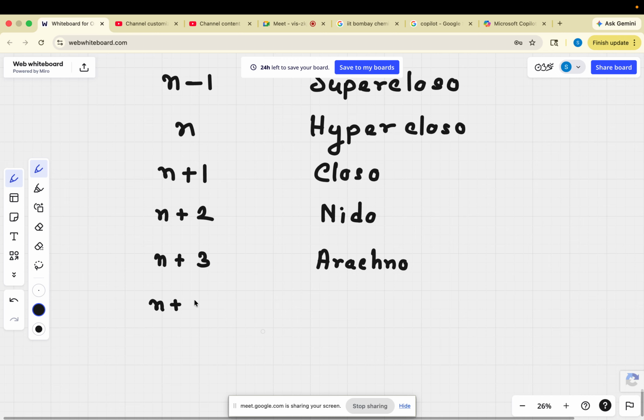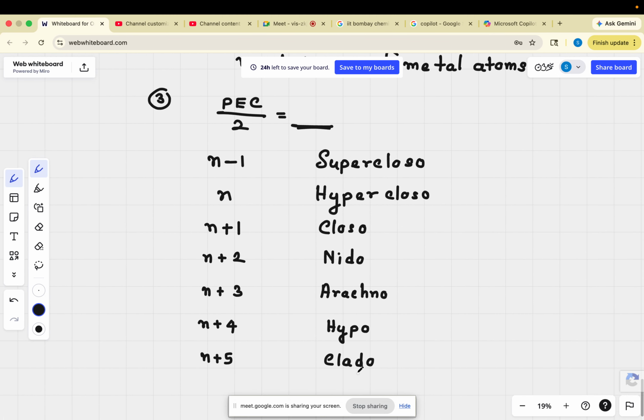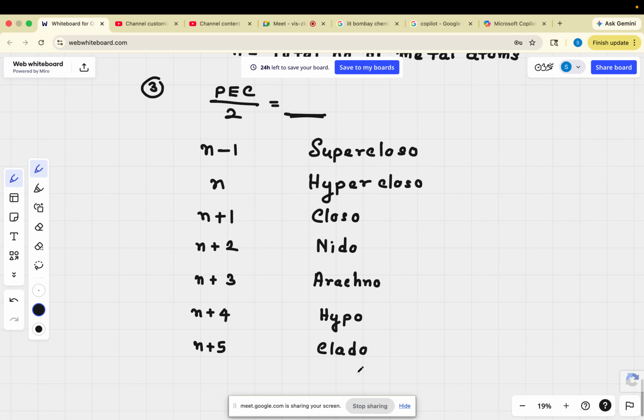If you have n plus 4, that will be hypho. And if you have n plus 5, that will be klado. Okay, so this is the chart you have to remember.